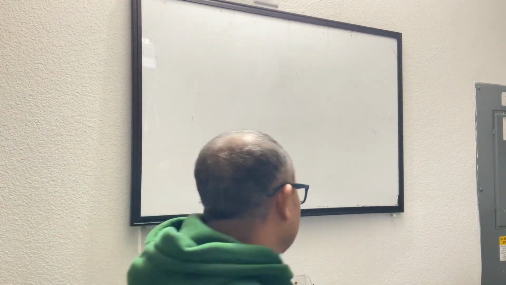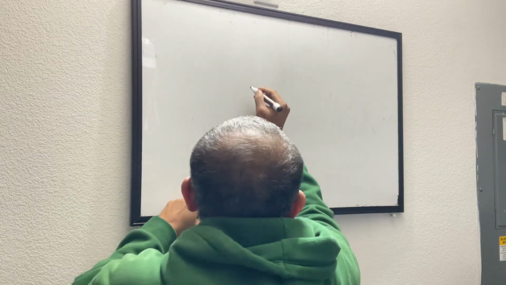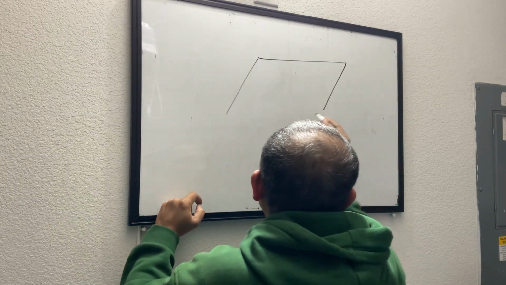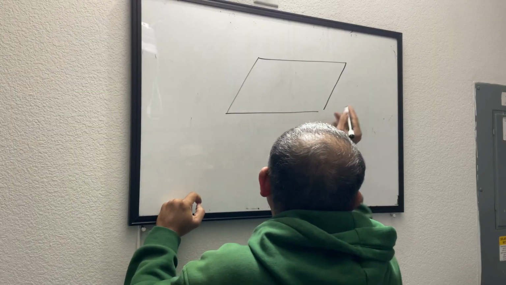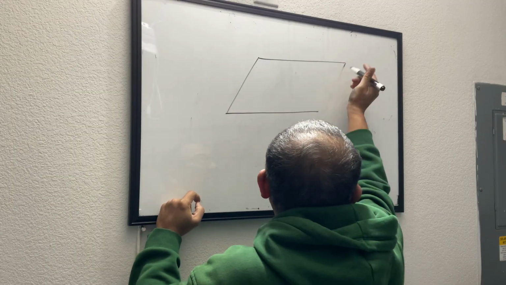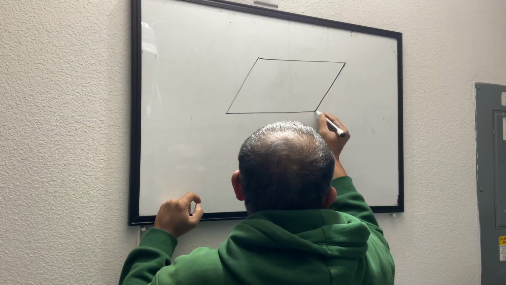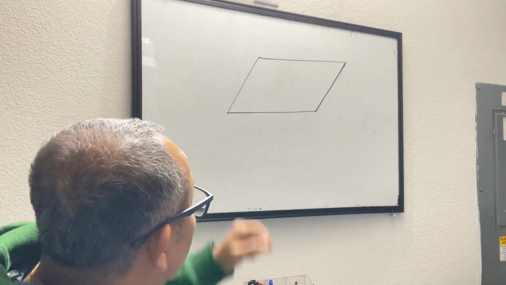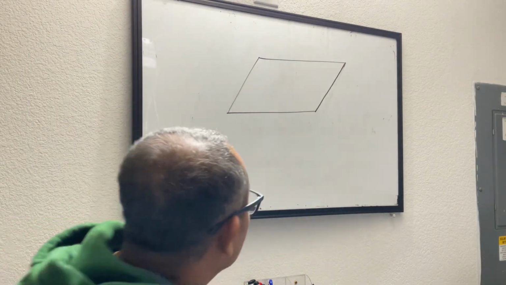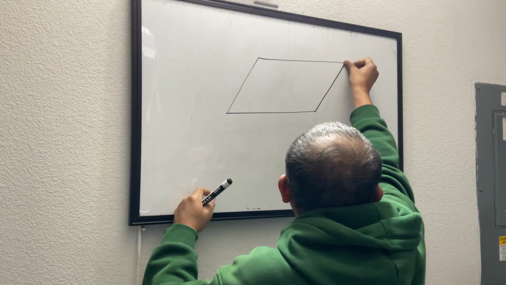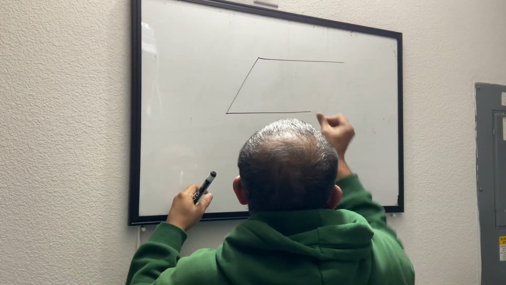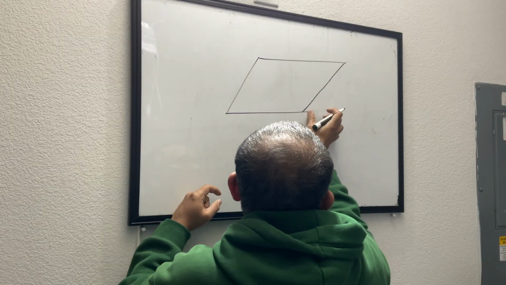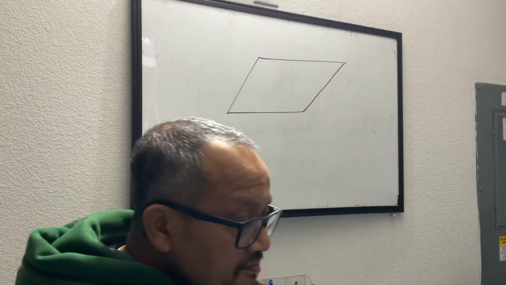And okay, let's look at it. Here is my parallelogram. Everybody can see the board, okay, right? Can everybody see the board, okay? Yes, sir. Okay. This is a parallelogram. It doesn't look like a parallelogram. I have to do a better job with my drawing. Okay.